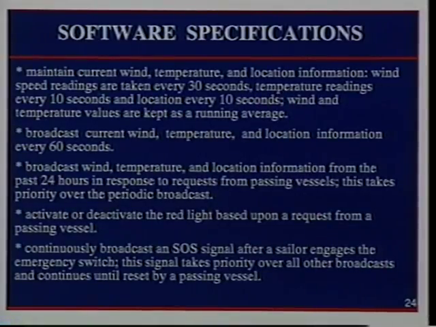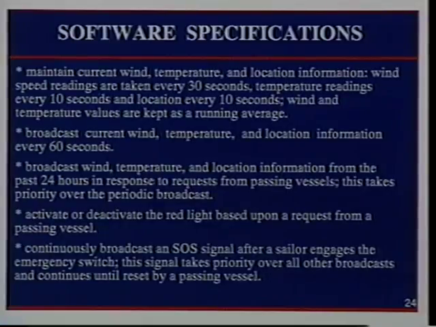So there's a clock which is sampling these things. Now the wind speed, the air temperature and the water temperature are kept as a running average. So you constantly compute this average, and a process may be computing this average.